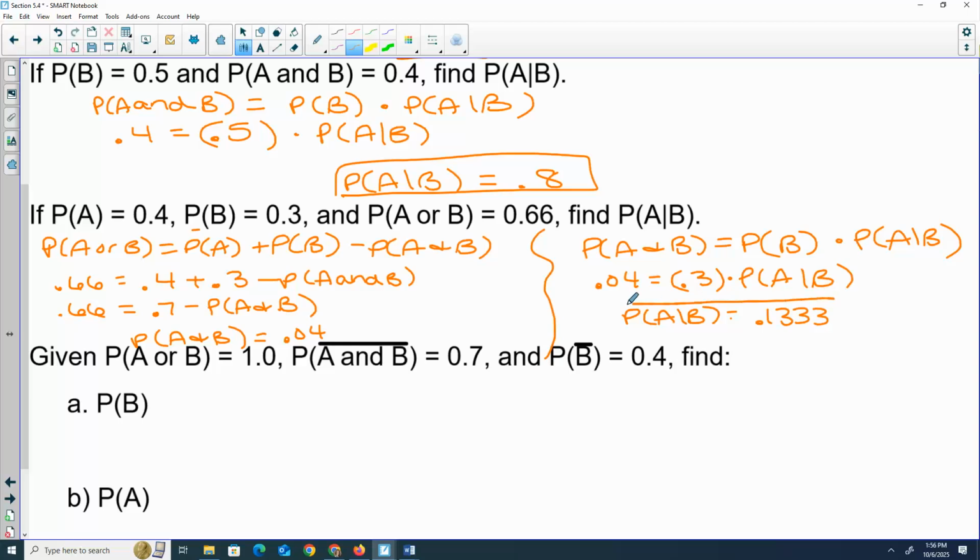Get 0.1333. Is this going okay? Understand how I'm getting this?